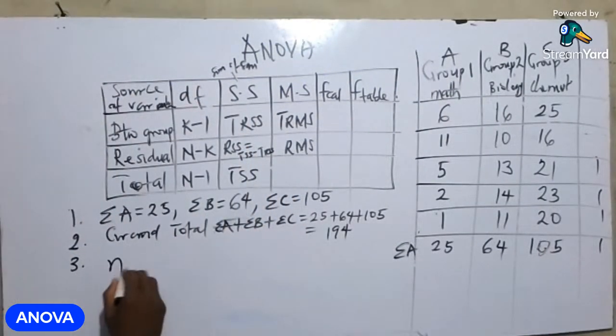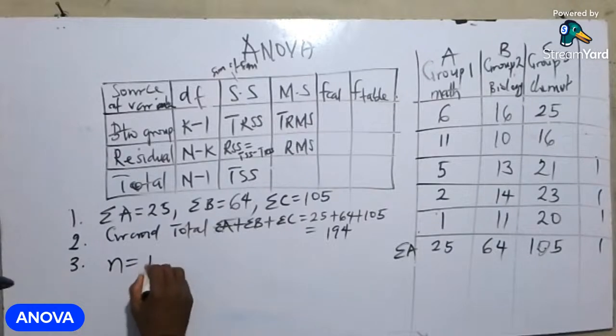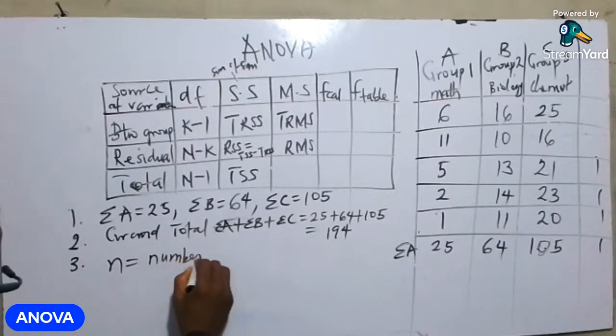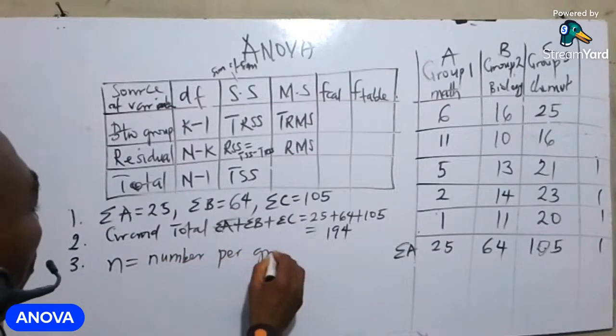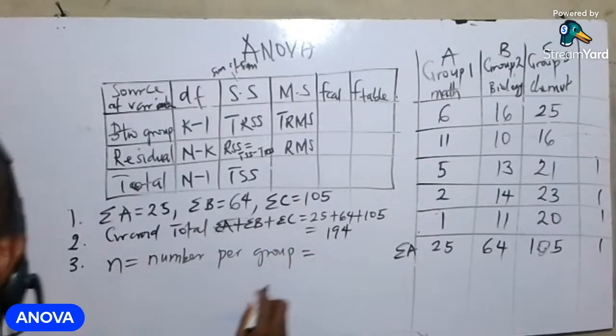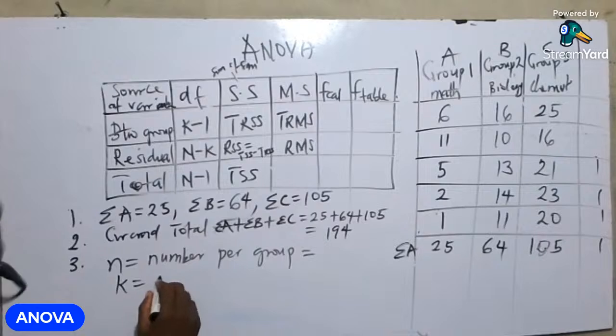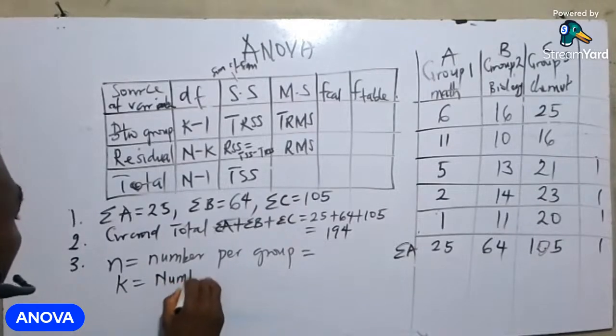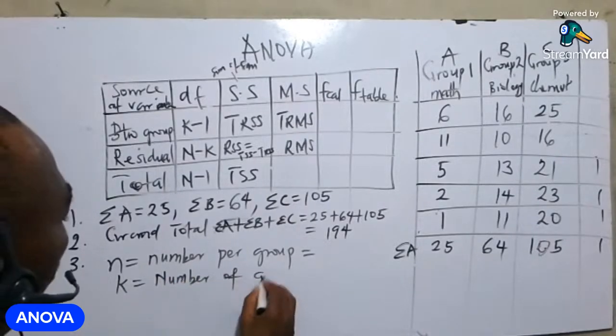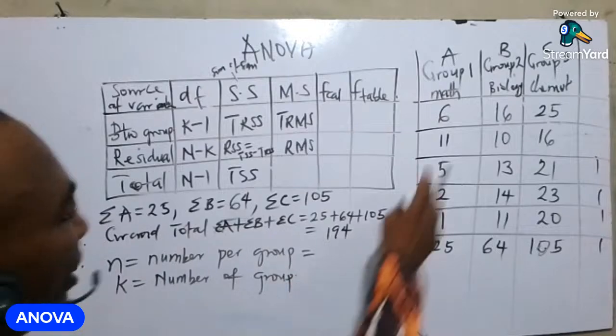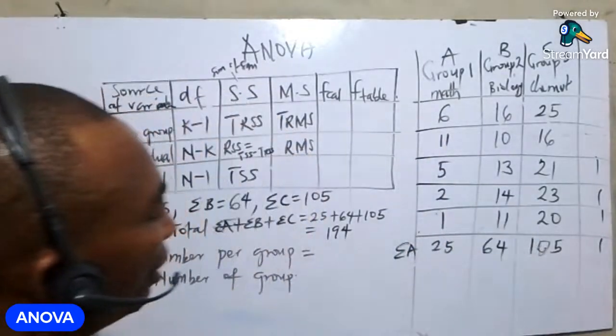So the N simply means the number per group, that is our N. And then the K is the number of groups. I will still need this, so I don't want to touch the table.